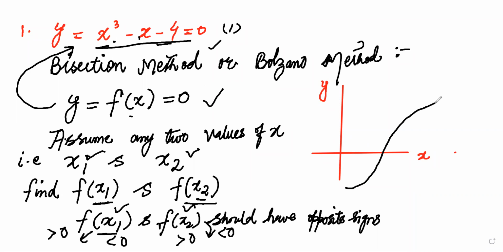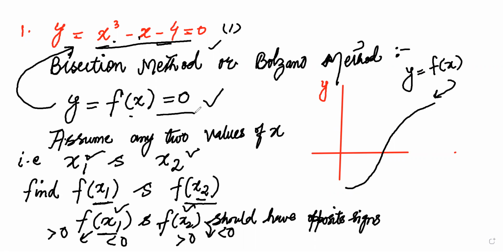Let me extend the x-axis. The graph of y as a function of x is this curve. This is the graph of the function whose roots I have to find.